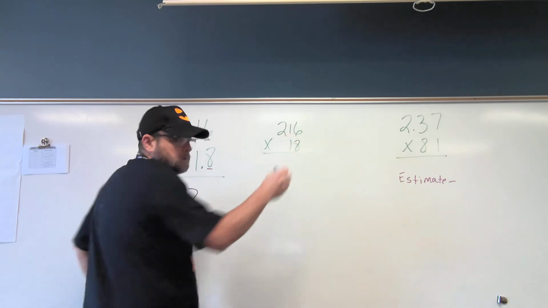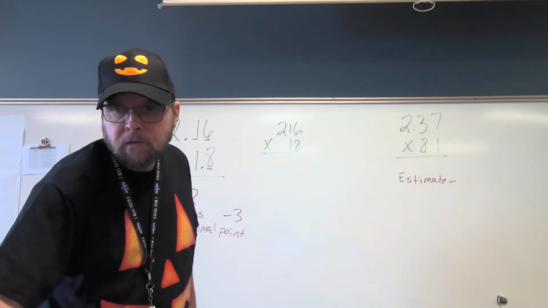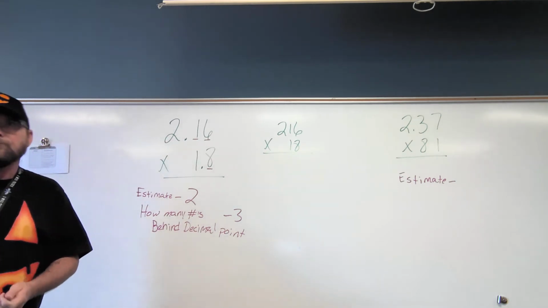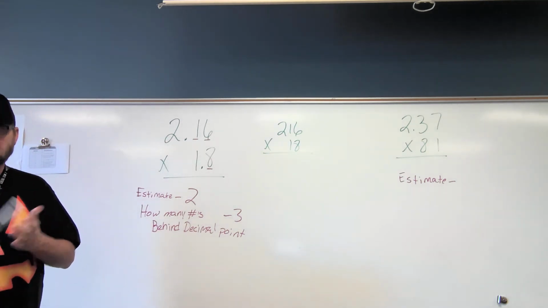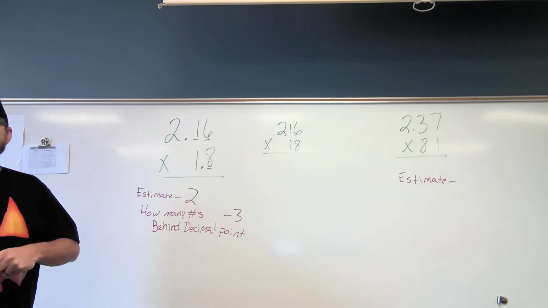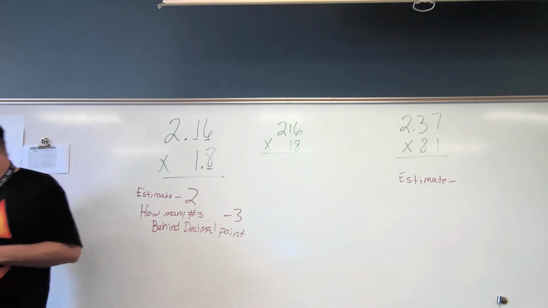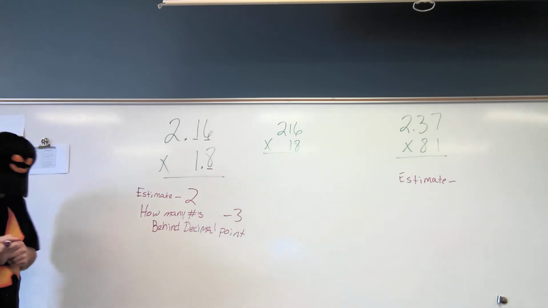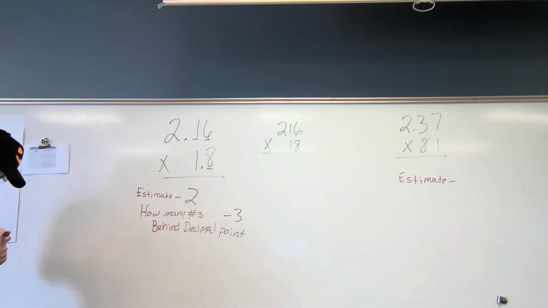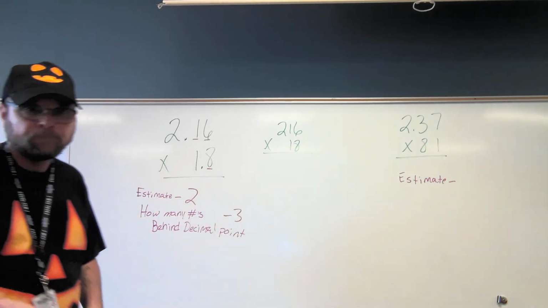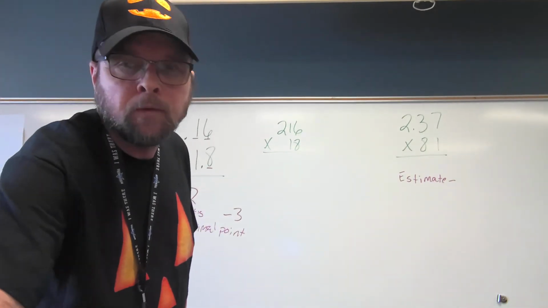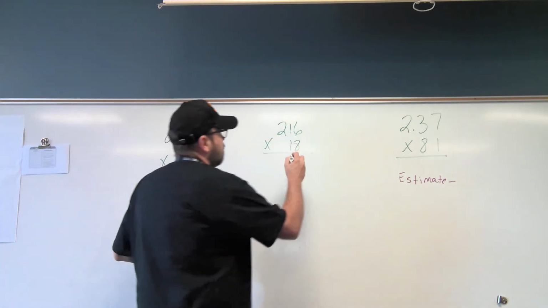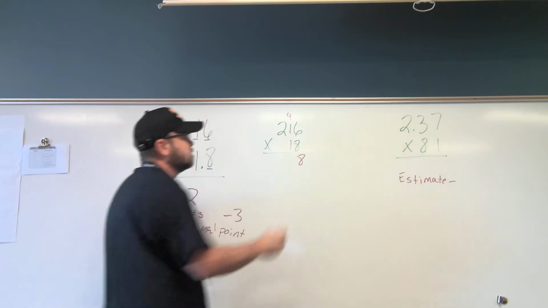Grace, 8 times 6. You have a multiplication chart, so get it out and look at it. Grace, 8 times 6. 48. I have 48 ones, or 8 ones and 4 tens.